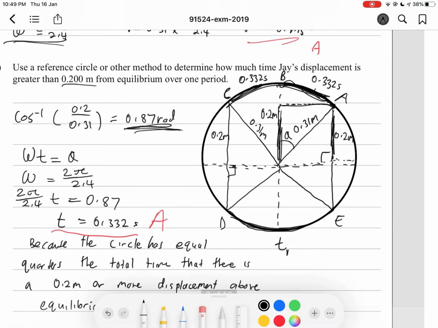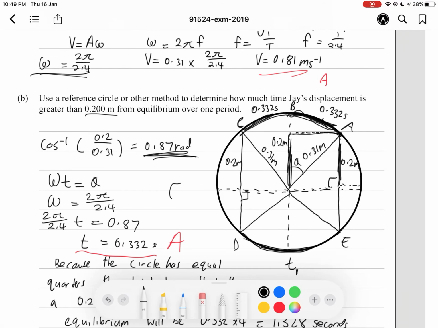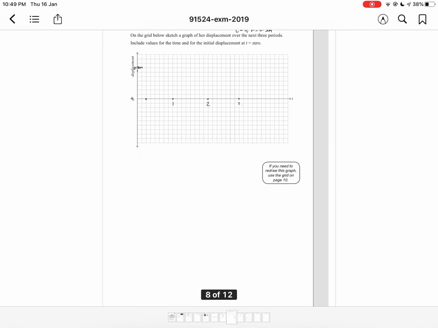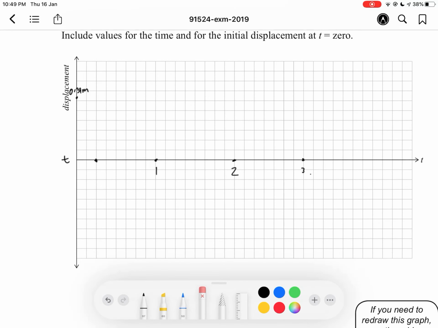After another quarter, we'll call this point Z. After another quarter circle, we're going to reach the maximum displacement, but in the opposite direction. However, at this point, it's going to start losing energy to heat and sound.